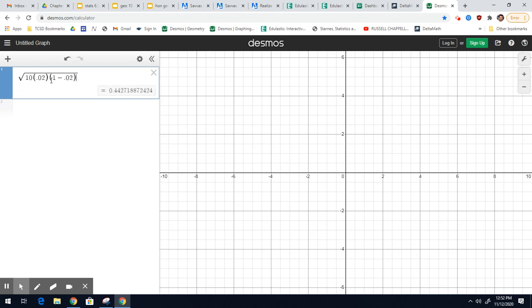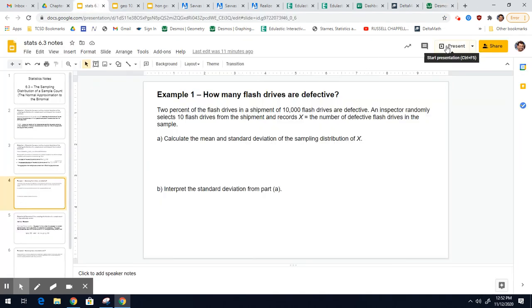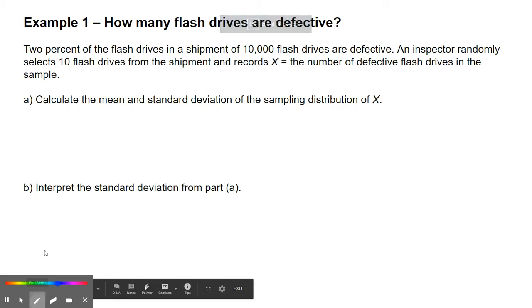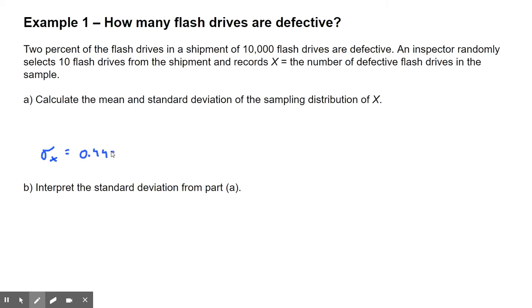So 0.4427. The 7 rounds the 2 up to a 3. 0.443. That is our standard deviation. So our sigma sub x is 0.443 defective flash drives.